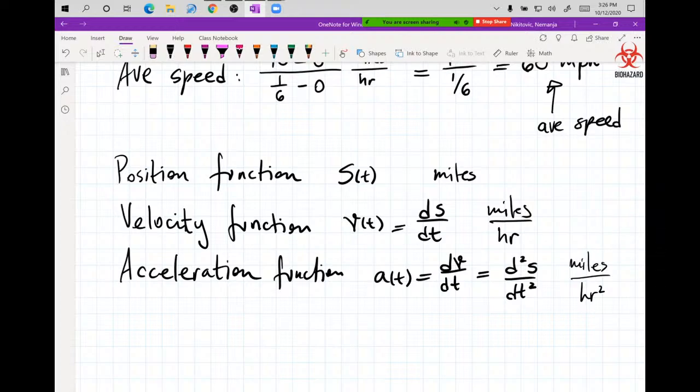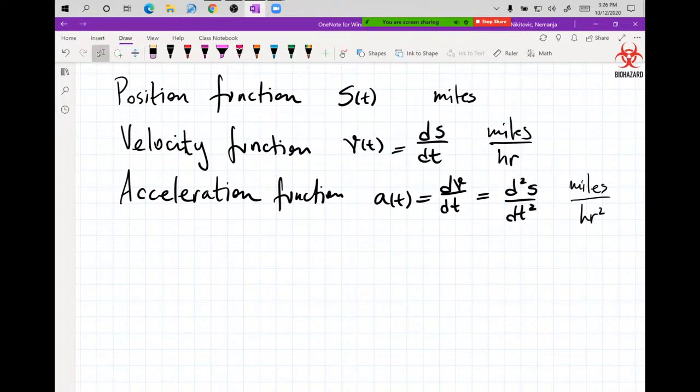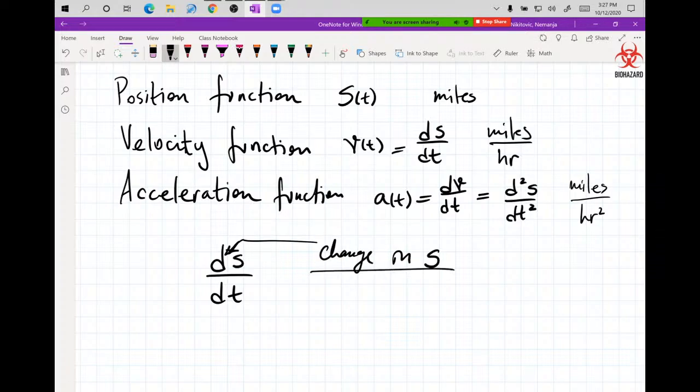So now we have something very important to understand here. When you see this notation ds/dt, you will read that as change in s over change in t.